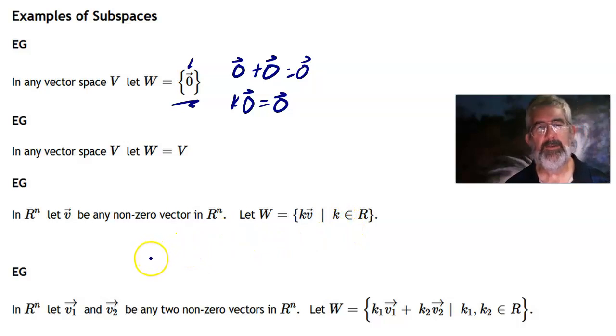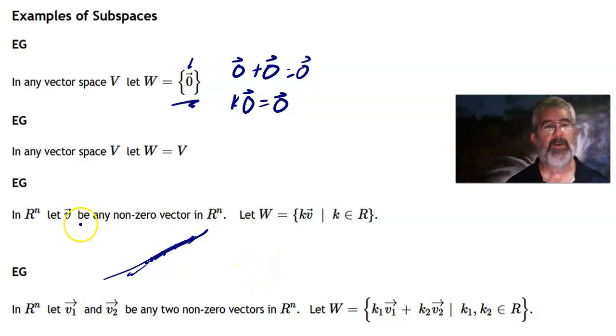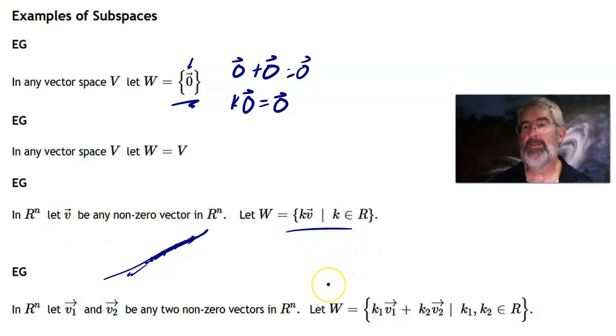In R2 or R3 or Rn, the vector V looks like an arrow, and when I multiply it by any scalar, if this is at the origin, the scalar multiplication just generates a line through the origin. So in any Rn, any line through the origin is a subspace. Just one line through the origin is a subspace.